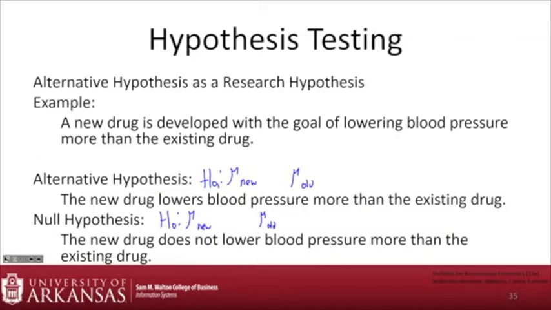What symbol goes in my alternative hypothesis? Less than. What goes in with my null hypothesis? Or just either one.